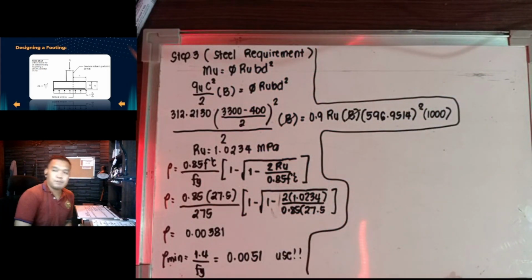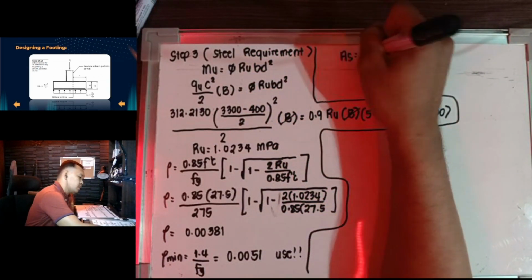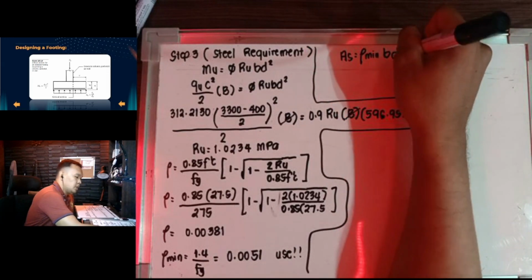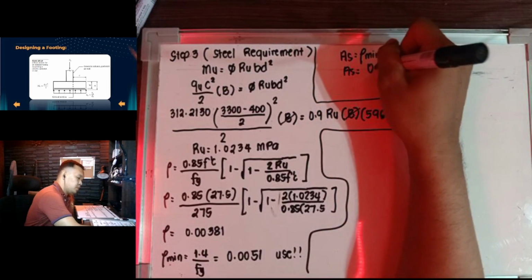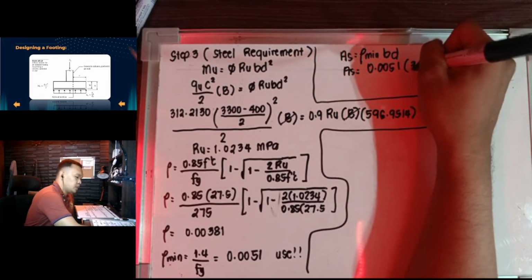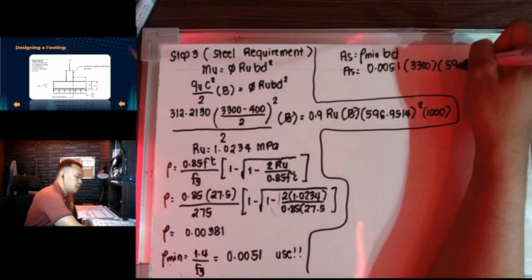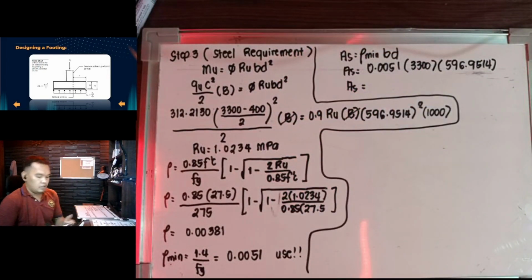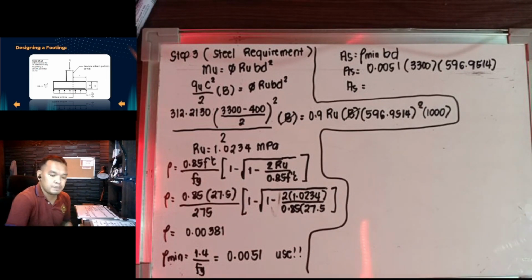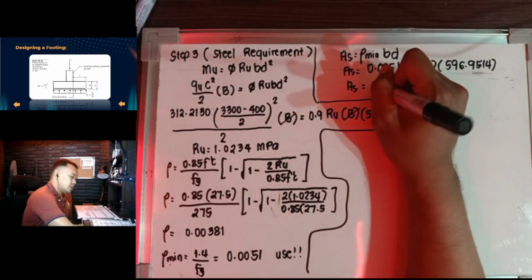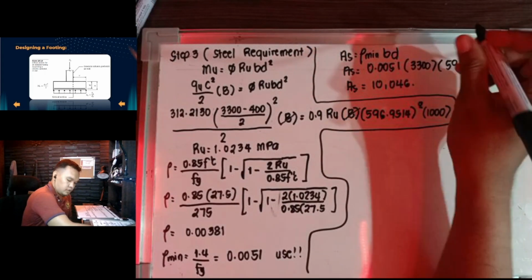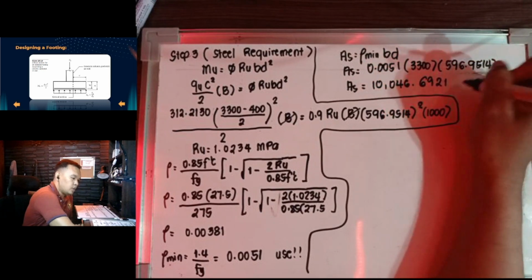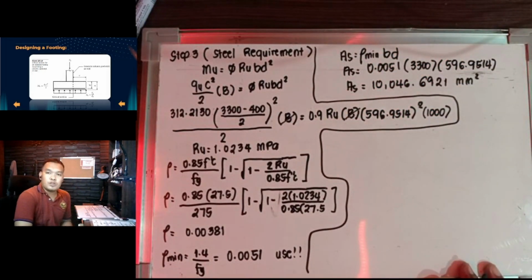We have here AS is equivalent to rho min times B times D. So AS is 0.0051 times B, which is 3,300, times D, which is 596.9514. So we have here 10,046.6921 mm squared.